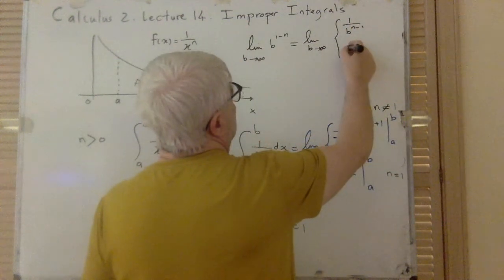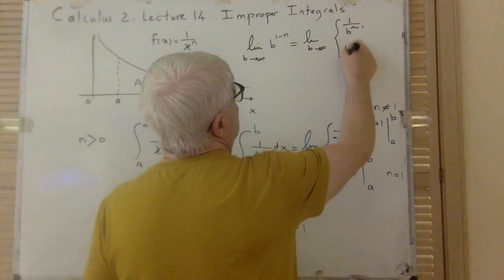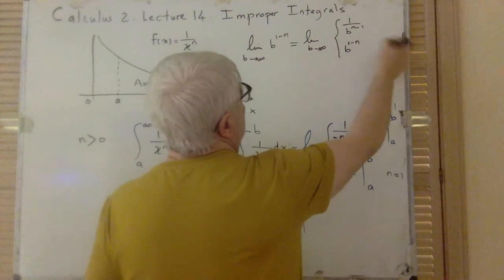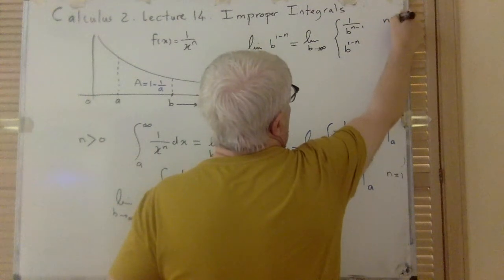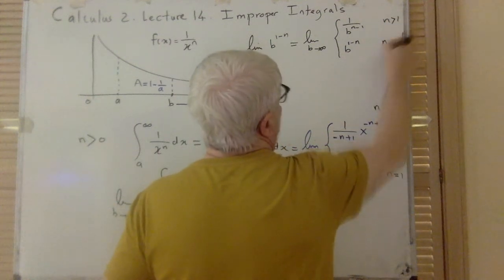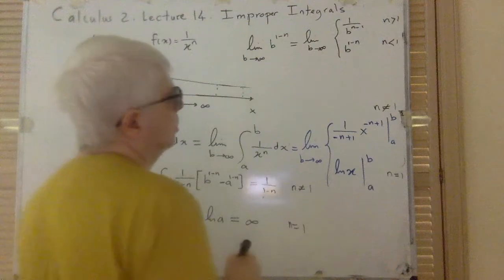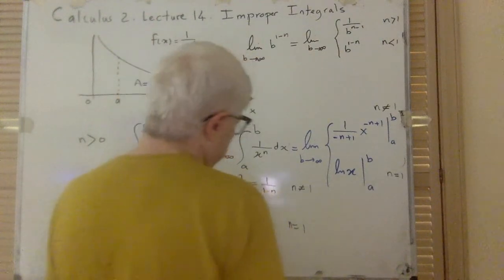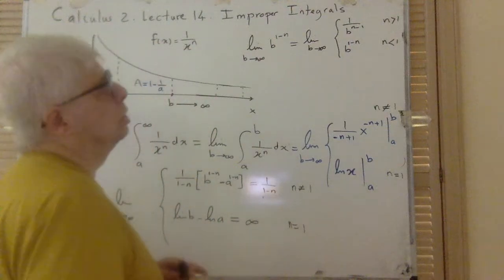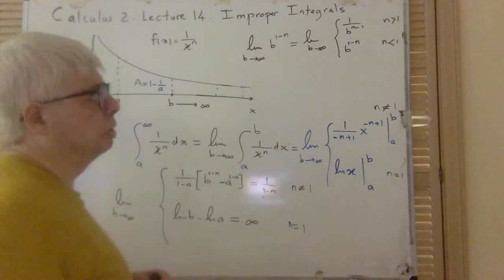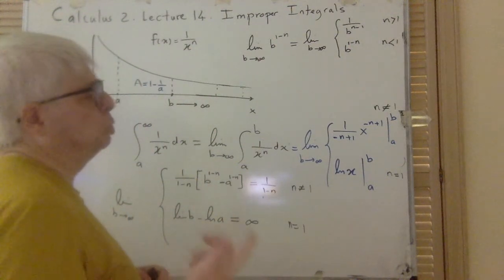The other case is b to the power 1 minus n, when n is less than 1. If n is bigger than 1, I have b to some positive power.